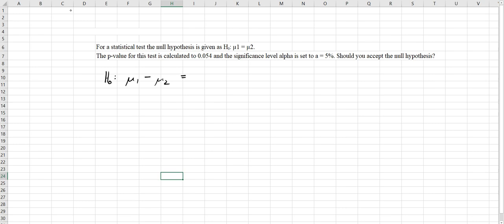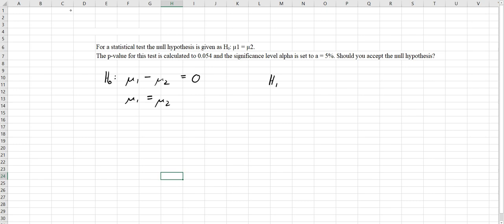So we can write this as mu1 minus mu2 equals 0. We can also write that, and that would also be a valid null hypothesis, that mu1 equals mu2, and these are the population means from the populations from which we draw the samples. So this would be our null hypothesis.